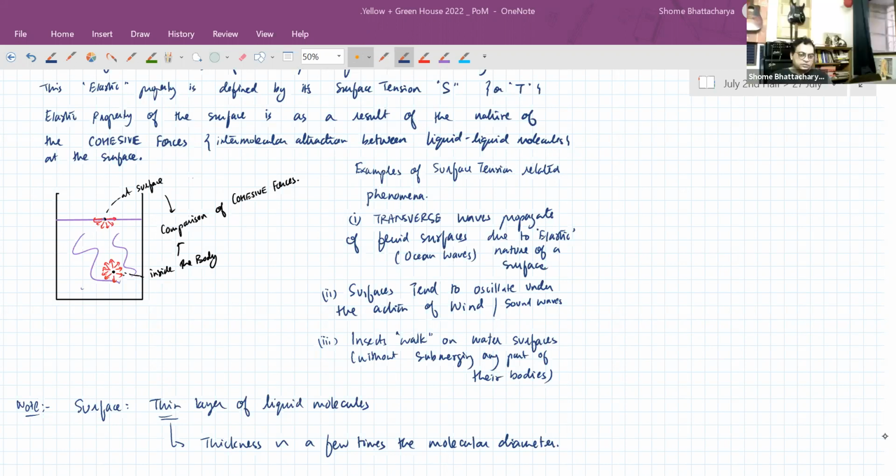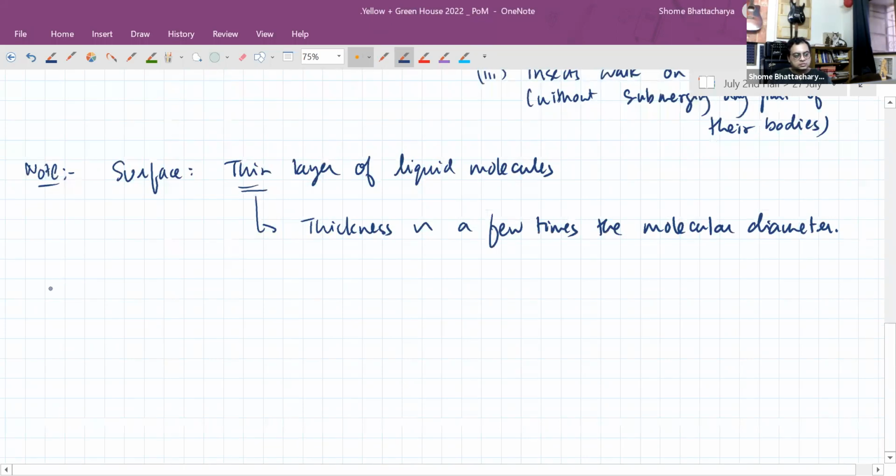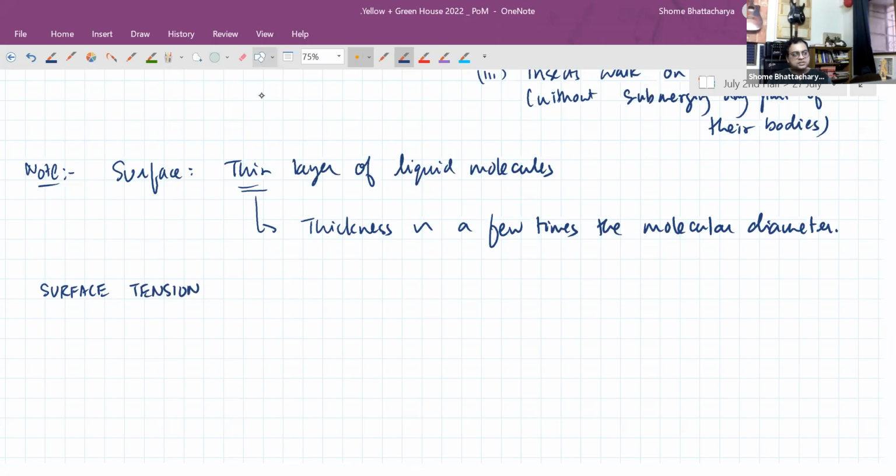Okay, now let's come to the physical definition of surface tension. Surface tension is a material property which can be measured in terms of two things. One of the things is in terms of force, but force per unit length.